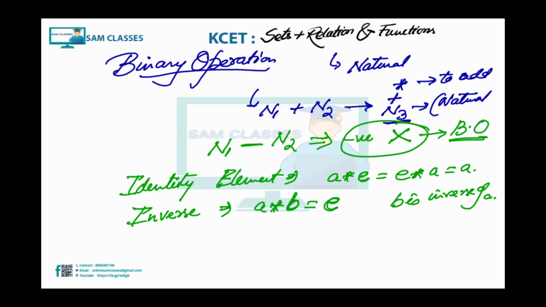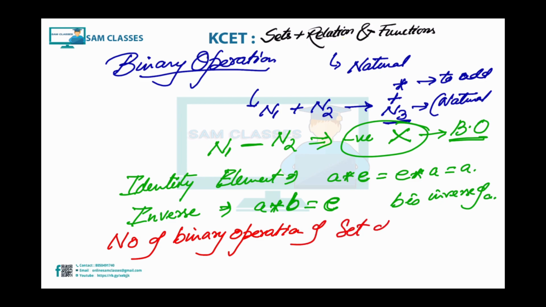Clear? Now one most important thing we need to understand is the number of binary operations. The number of binary operations on a set of m elements is equal to m raised to the power m squared.